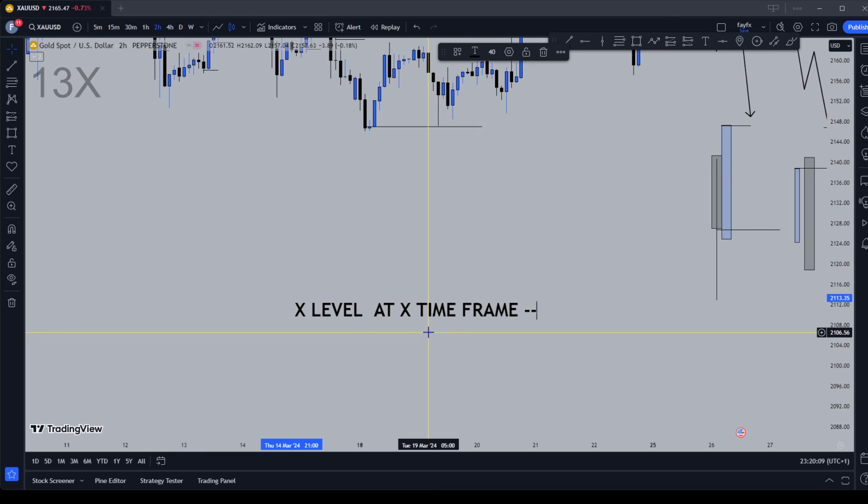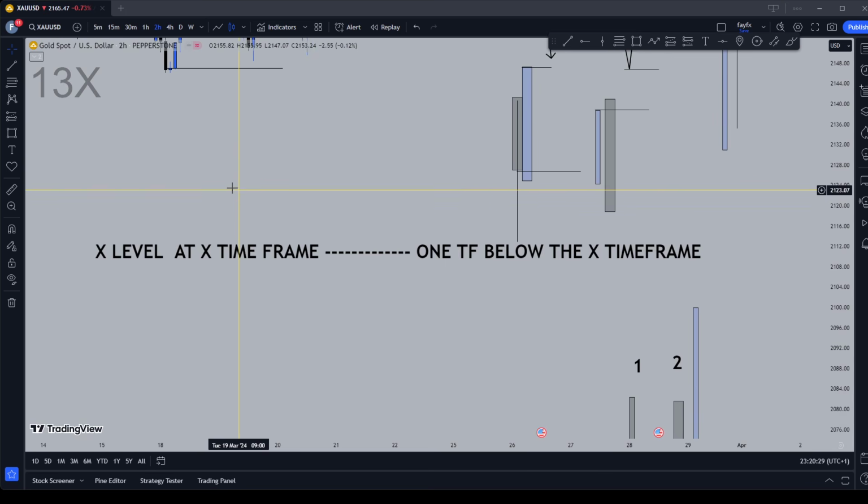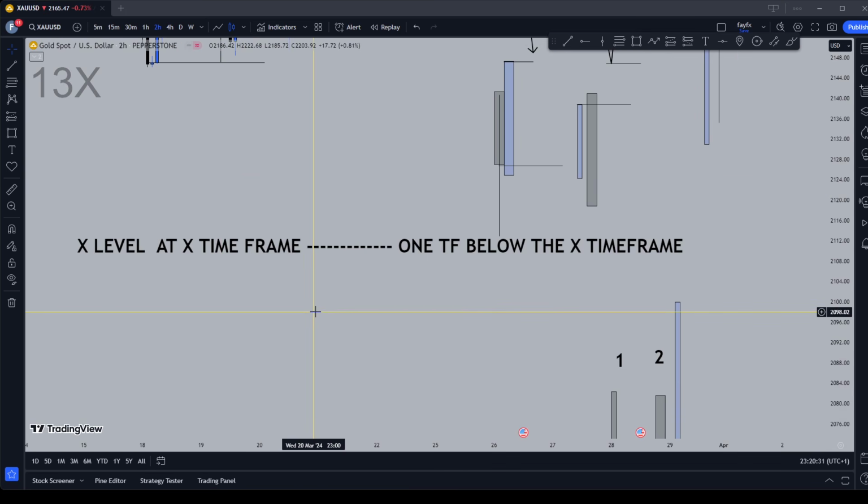We go one time frame below the X time frame. To find any equilibrium of any X level at any X time frame, we go one time frame below the X time frame.